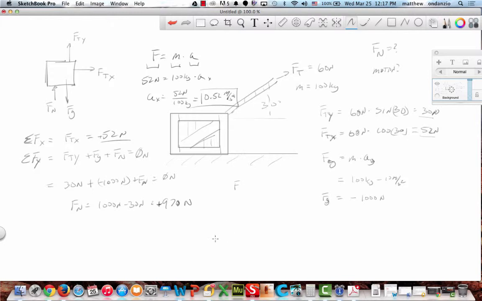It's the Pythagorean theorem. It's the trig, right? This FT, we have FTX and FTY, right? The magnitude of FT is equal to the square root of FTX squared plus FTY squared.